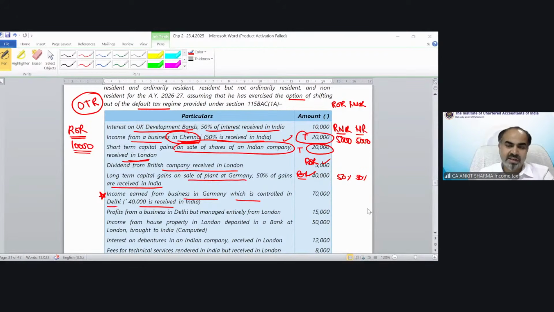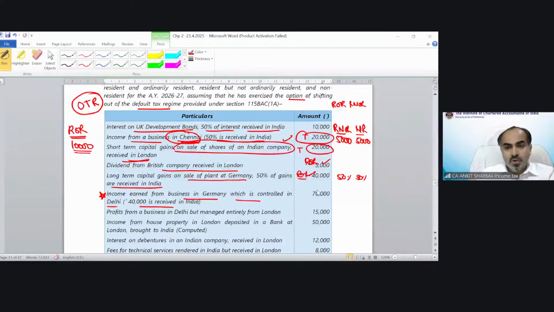Nisha is saying 70, 70, 40. Anyone else? Anjum 70, 70, 40. Akhila is saying ROR, RNOR is taxable 70, 70. Sridhar is 70, 40, 40. Gaurav is 70, 70, 40. And the correct answer is, of course, 70, 70 and 40.